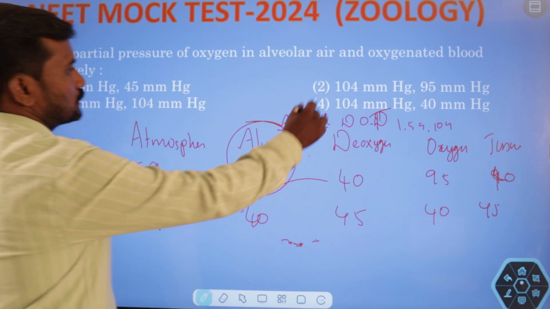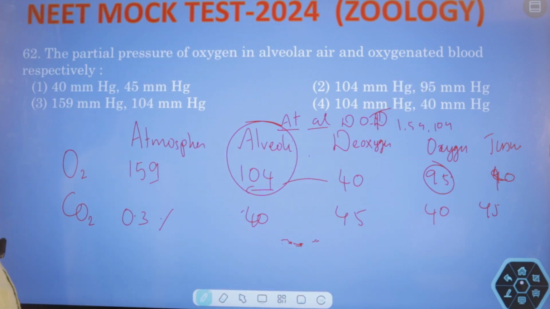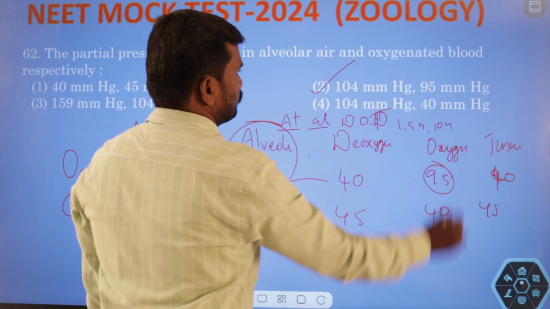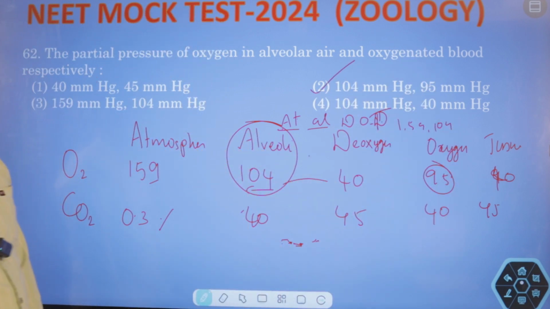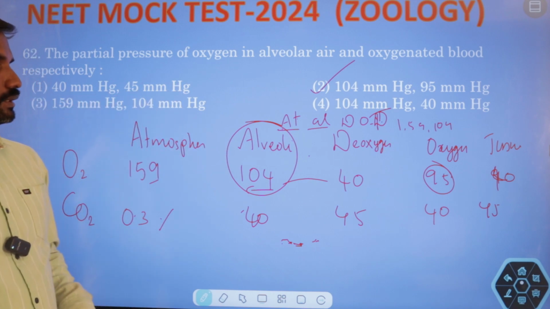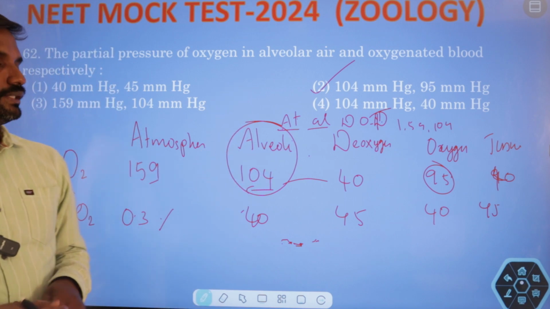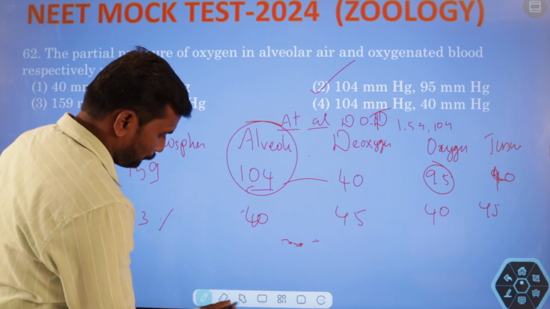At the same time, oxygenated blood is 95. So the correct answer is 104 mm of Hg and 95. All the others are irrelevant. 40 mm of Hg, 45 mm of Hg do not match the columns. So we need to remember the tabular column clearly. Otherwise, we are unable to attend this kind of question.